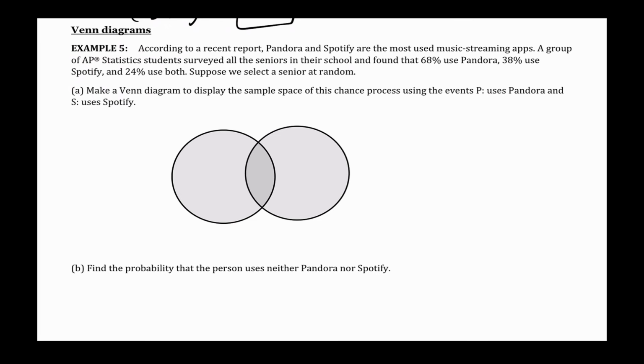When you write numbers inside, don't write percents. Change them to decimals. So when we write them out, we always have to change them into decimals. The only time you use percents is when you're interpreting, like we did earlier.